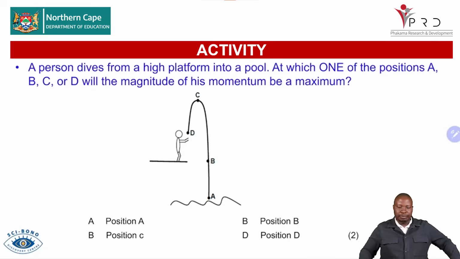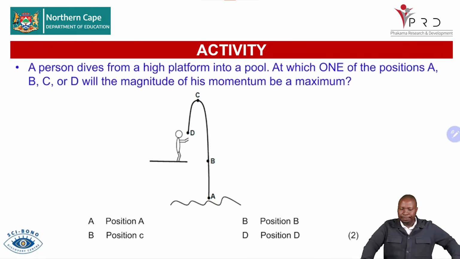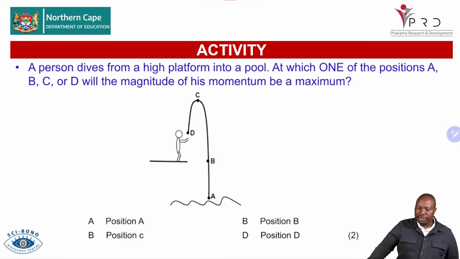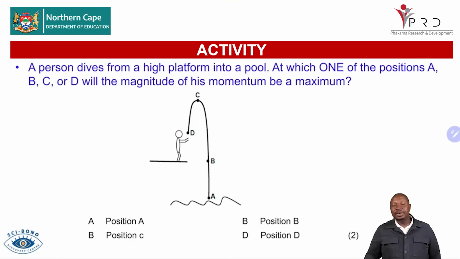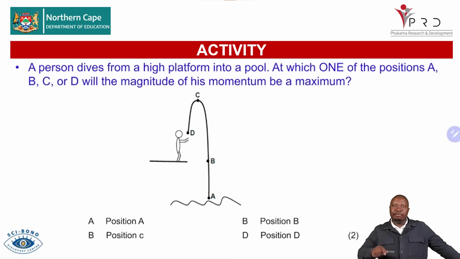Now 1.4: a person dives from a high platform into a pool. At which one of the positions A, B, C, or D will the magnitude of its momentum be maximum? The main thing we want to show here, remember, is the trajectory that this person is undergoing. This person is diving from a high platform into a pool. So that's the motion.